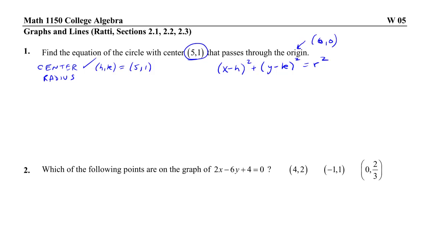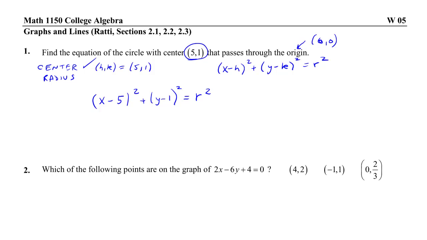So if I use the center to start building the circle, I would get x minus 5 squared plus y minus 1 squared equals r squared.